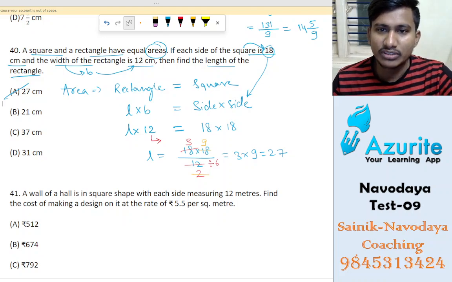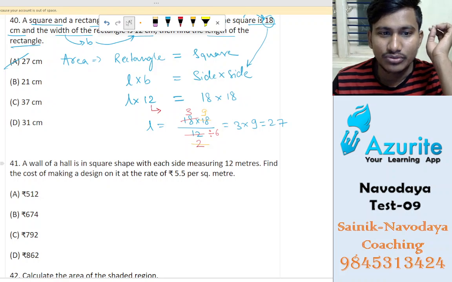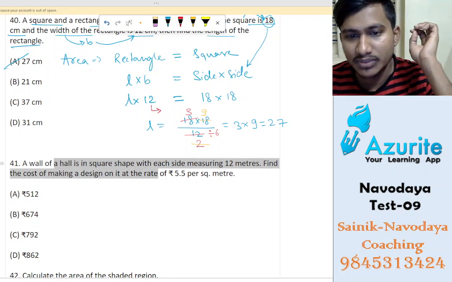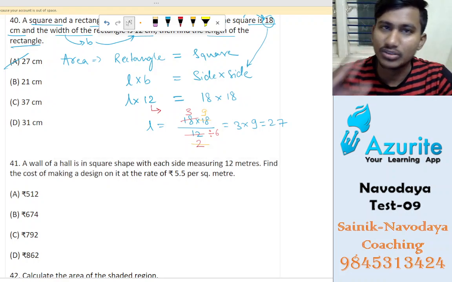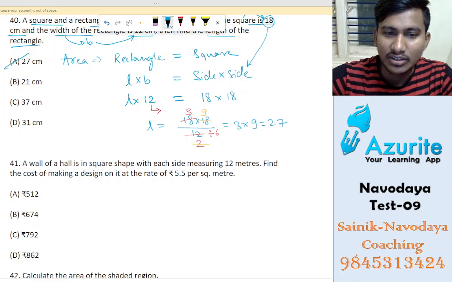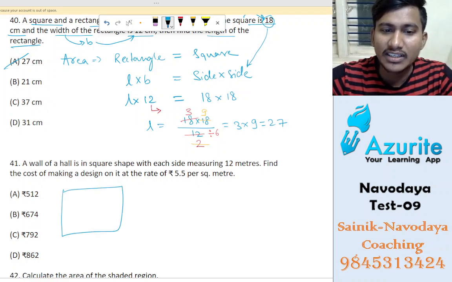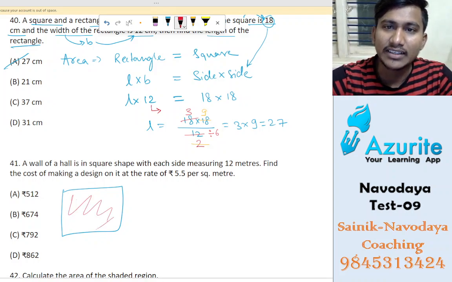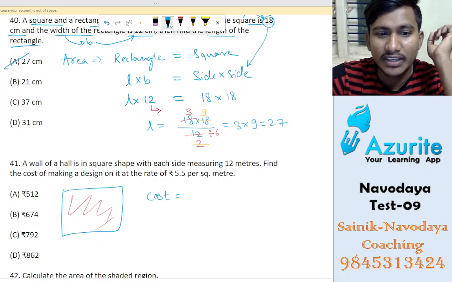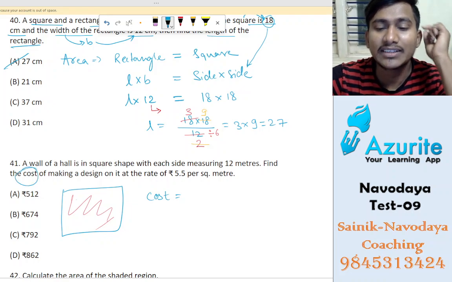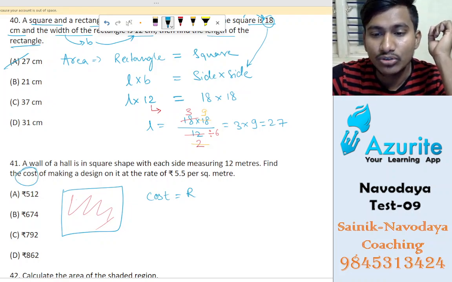And one more question I will explain. Wait here. So if you see, a wall of a hall is in square shape. If each side measures 12 meter, find the cost of making the design on it at the rate of 5.5 per square meter. We know the wall is there. Where do we make the design? Design we make in the area. So to find the cost, how do we do it? To find the cost, we have to make rate into area.